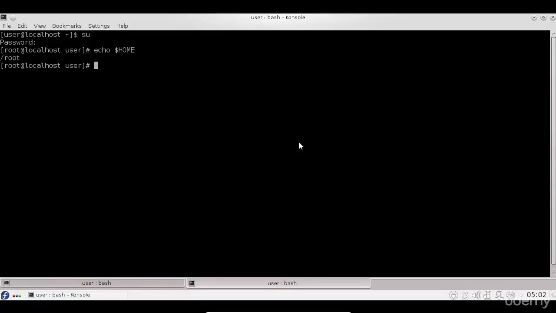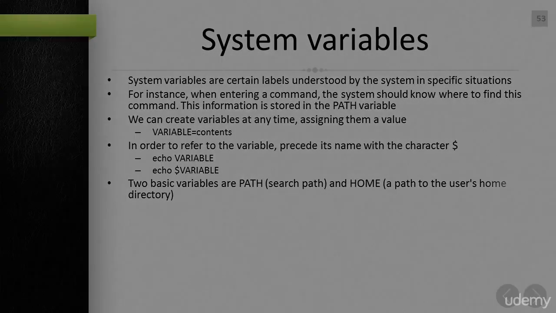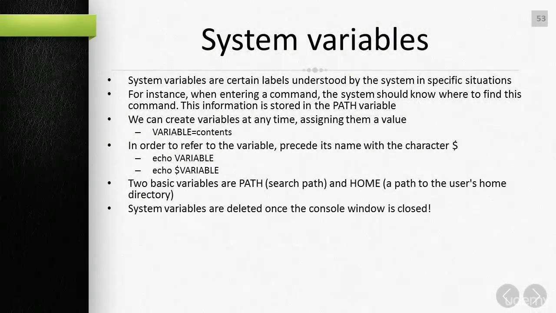This is possible because HOME is not a global variable. The values of the variables are local. They apply to a single terminal. Importantly, the environment variables are deleted right away when you close the console window. For example, in one console, we've exported a variable called MYVAR. If we now open another terminal and type the command echo $MYVAR, we will find that this variable does not exist.